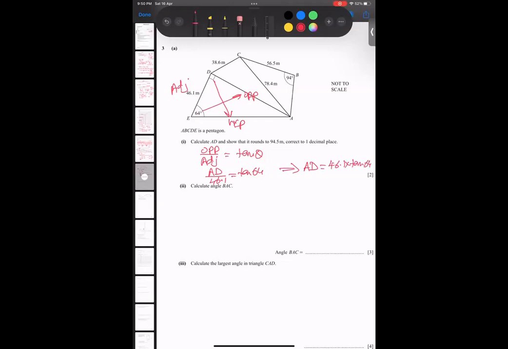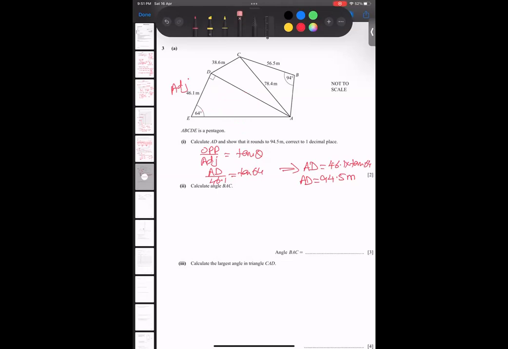So let's see tan 64. Okay, and the answer becomes 94.5 meters, because he said 1 dp. This is done, and now let's talk about the next part.